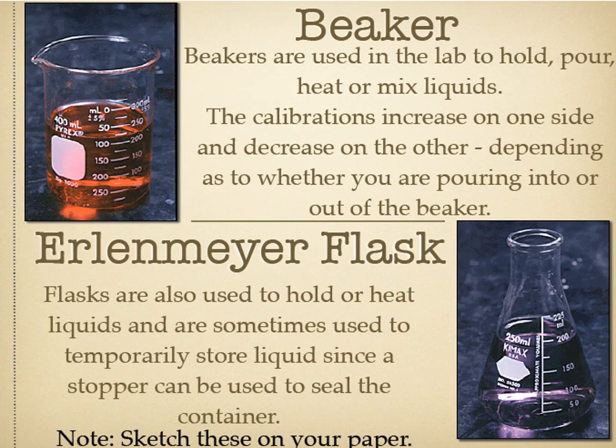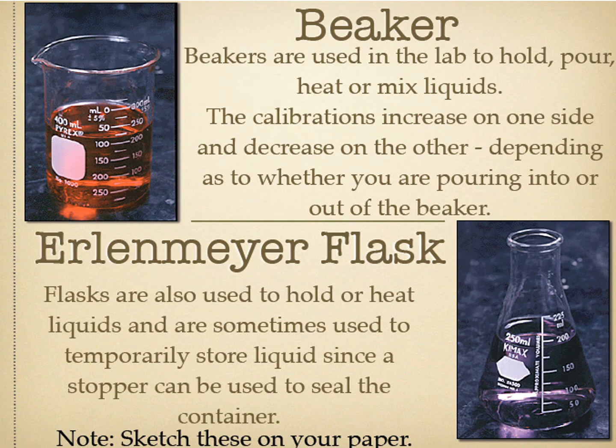All right, other things that we can put liquids in: beakers and Erlenmeyer flasks. On your paper, you're going to draw a sketch of those. Beakers are basically just to hold liquids, hot or cold. We don't use them to measure, maybe to approximate. So if you need approximately 200 milliliters, you can use a beaker.